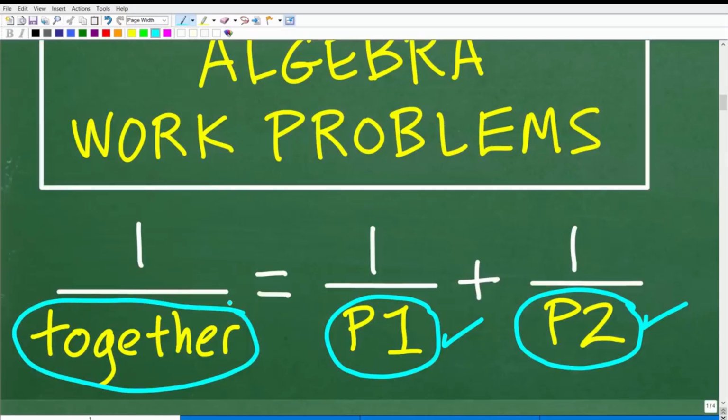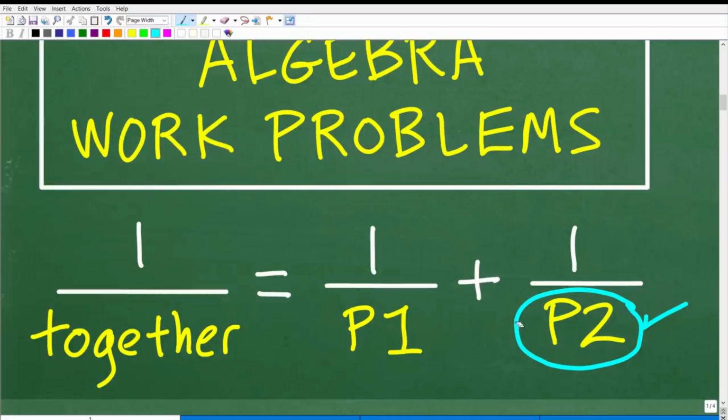Okay, if they're working together, it's going to follow this formula here: 1 over how much time it takes them together. This is the formula that you need to understand. If you didn't understand it, of course, it will be kind of confusing, because what we're trying to think about here is the concept of 1, completing one job.